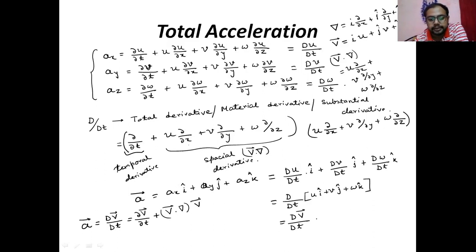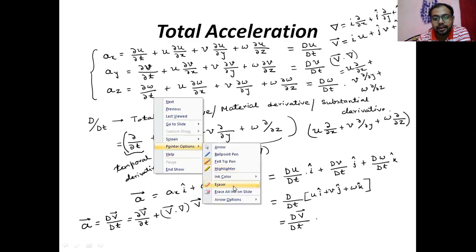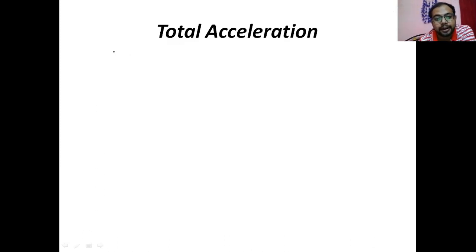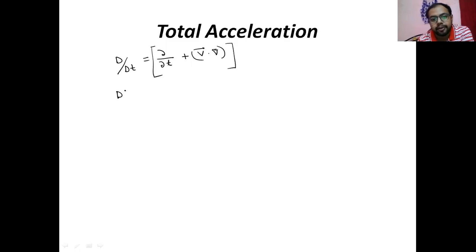That is the vector form of the total acceleration. If you have any confusion, the important part is: D by Dt, the material derivative, is equal to del/del t, the local temporal part, plus V dot del. So if you perform it on V, dV/dt comes in this way.